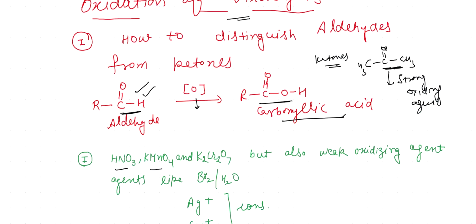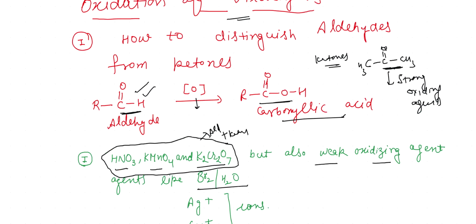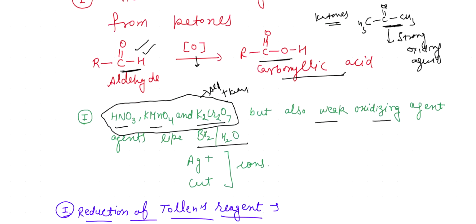These are strong oxidizing agents. These oxidize both aldehydes and ketones. But there are some weak oxidizing agents such as bromine water, silver ions, and copper ions. These oxidize only aldehydes because these are mild in nature, as aldehyde is more reactive than ketone. That's why aldehyde gives these tests positive. So we will use these reagents to oxidize aldehydes if we have to distinguish aldehydes and ketones.